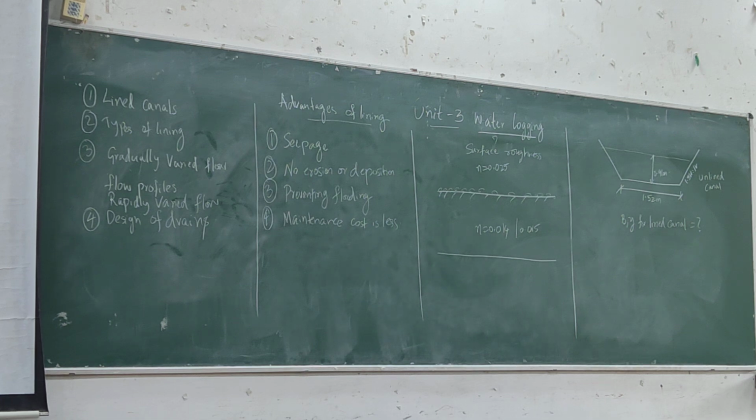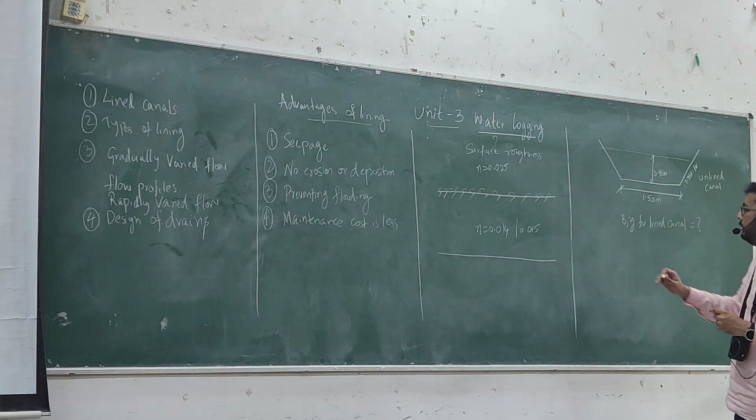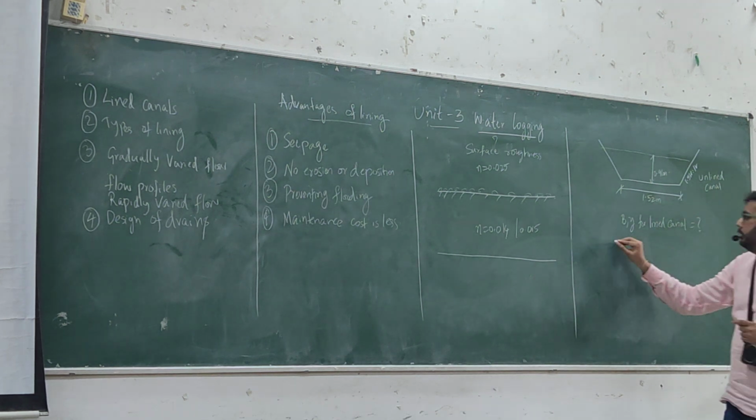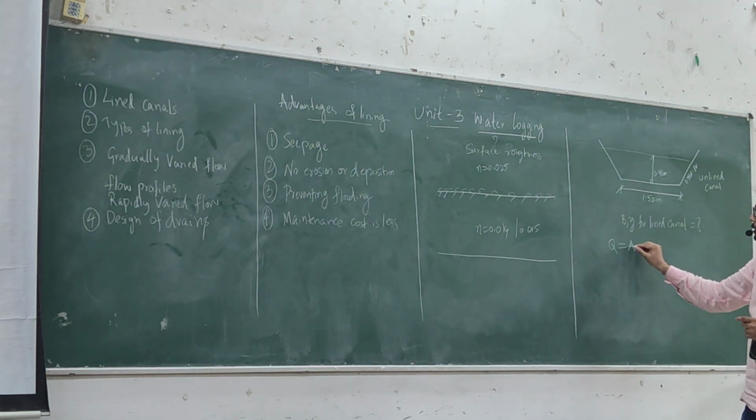What information do we need for designing a canal to start with? Q, discharge. I want to know how much water this canal is carrying, and based on this discharge, I can design a new lined section. So first, based on the given data, we need to calculate the discharge Q. And Q is area times velocity.